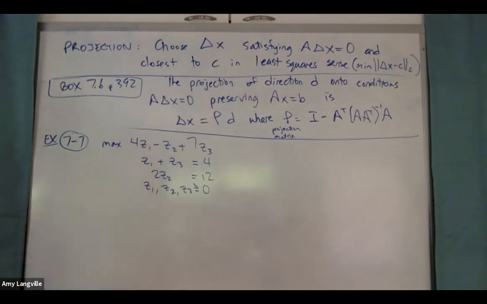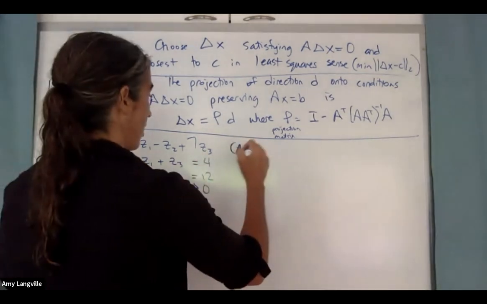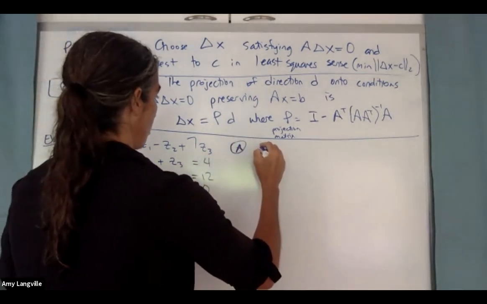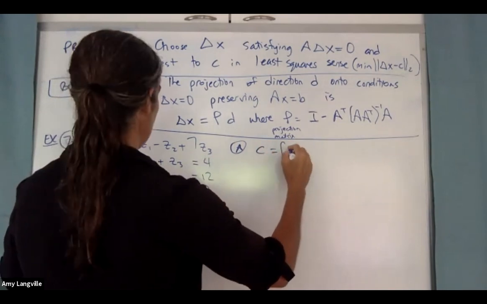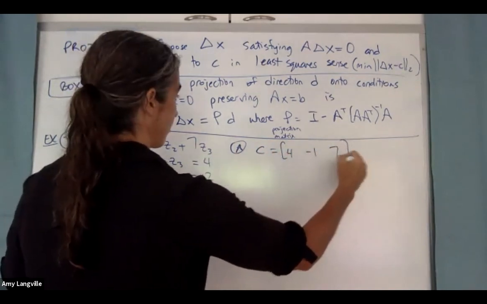In the first part, they say find the direction of most rapid improvement. So we already know that's just your C. Part A, the most rapid improvement will come with the C vector 4, minus 1.